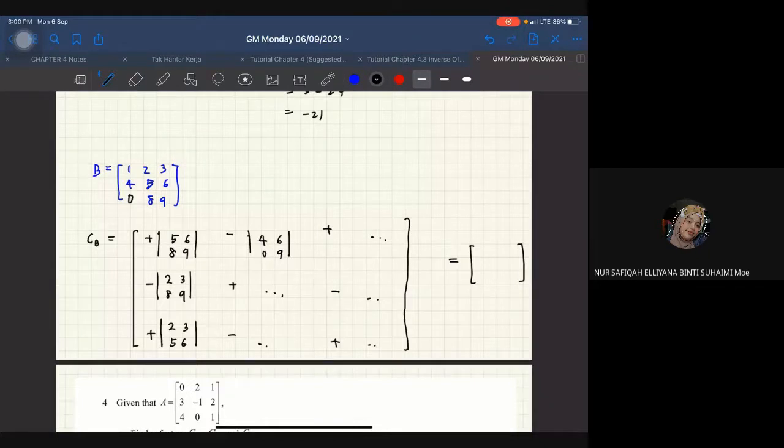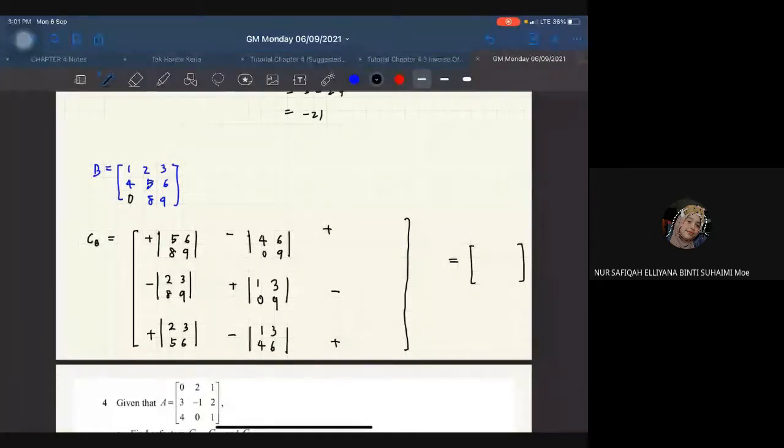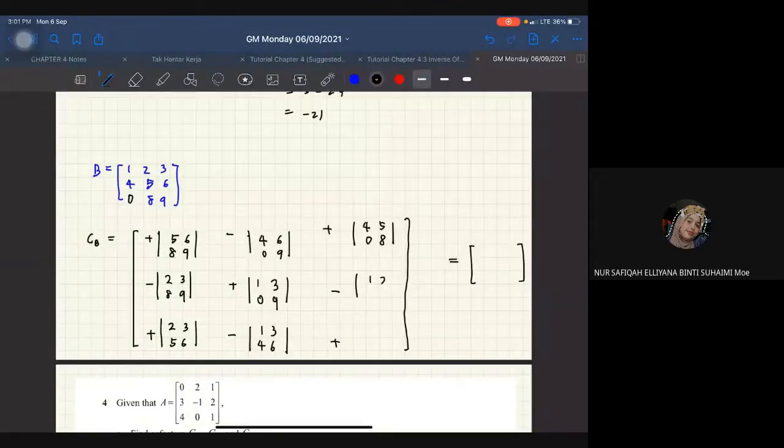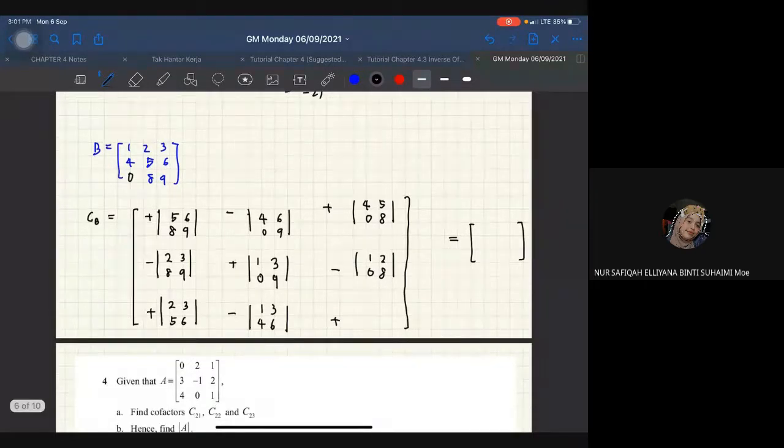Kalau siapa dah dapat jawapan, bagi tahu saya terus. Ada yang dah dapat tak?